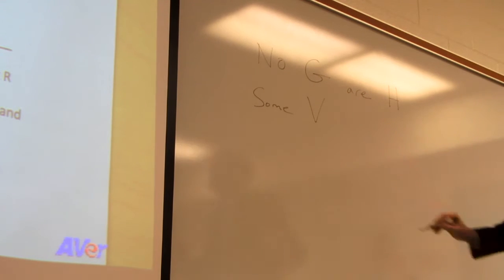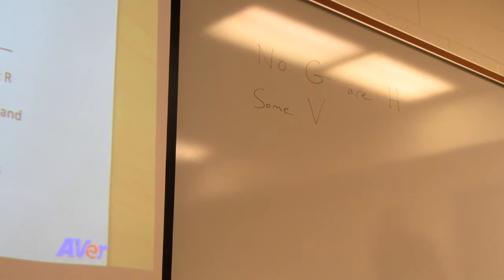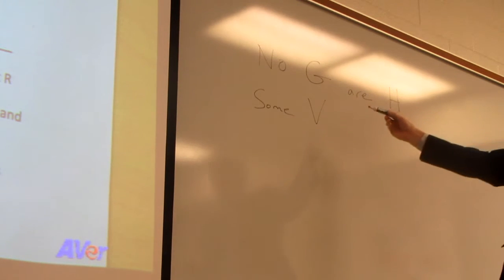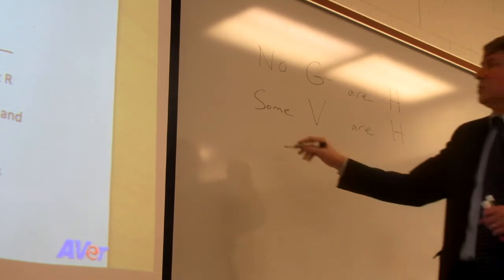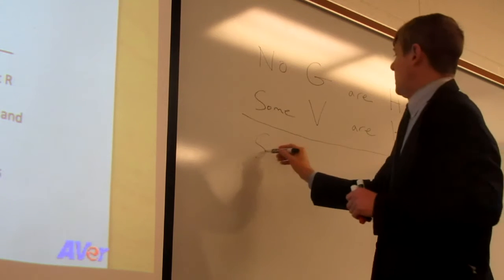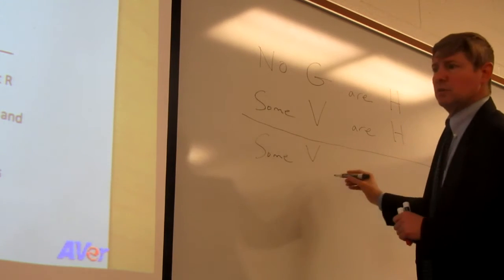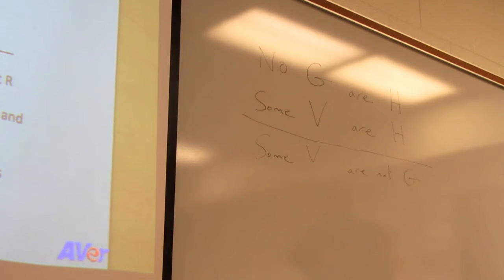I'm going to use V because I don't want to confuse it with an E statement. Some evangelical Christians are persons who covet their neighbor's house. Therefore, some evangelical Christians are not good Christians.